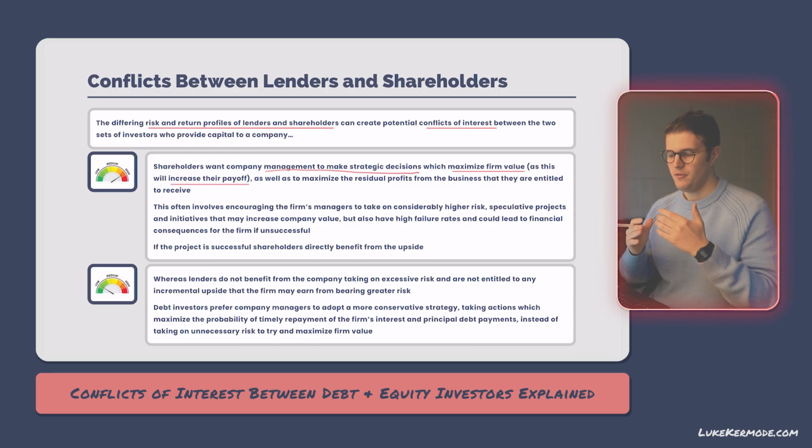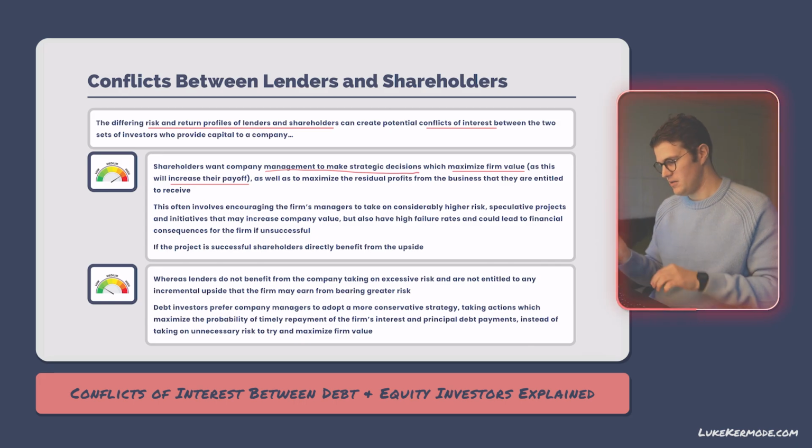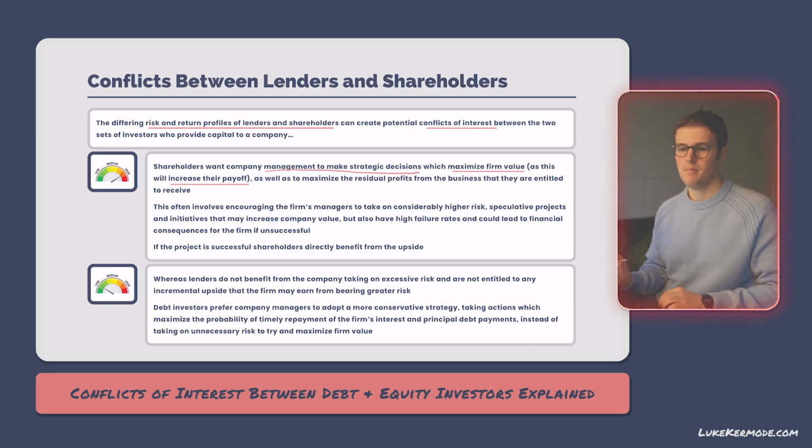Shareholders benefit from company value increasing because it leads to capital appreciation in their stock and higher returns for them. So they want management to make decisions that lead to an increase in firm value.